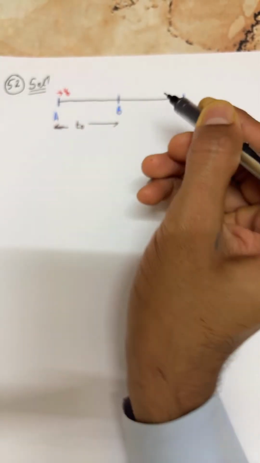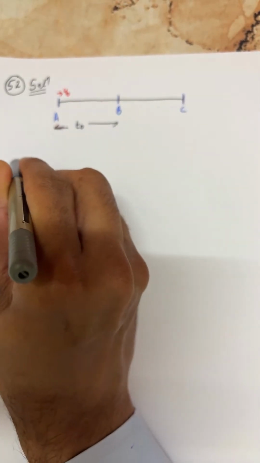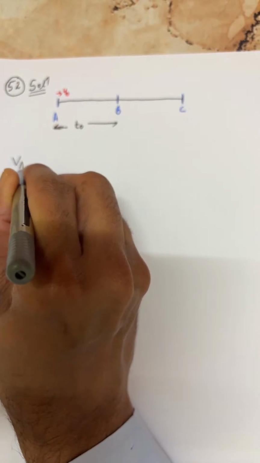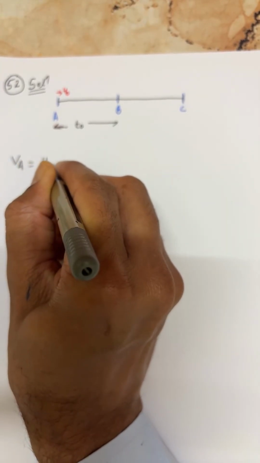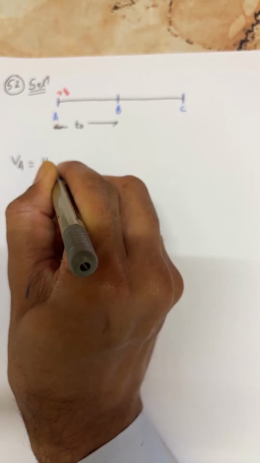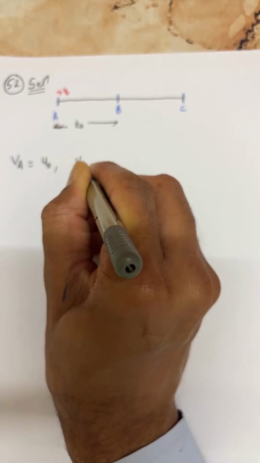The velocity has reduced by 3 by 4. So we can write the velocity at point A, I consider, is U naught. Now I'm finding the velocity at point B.